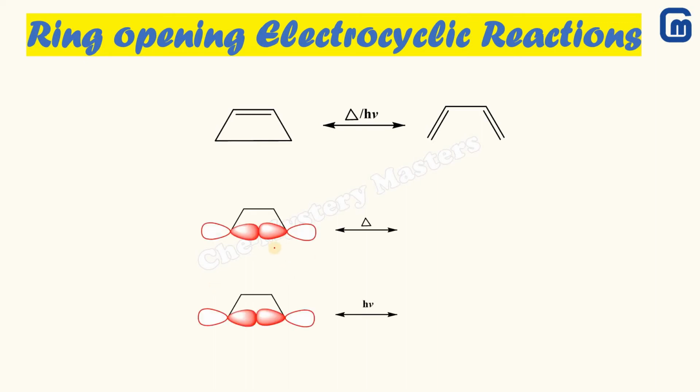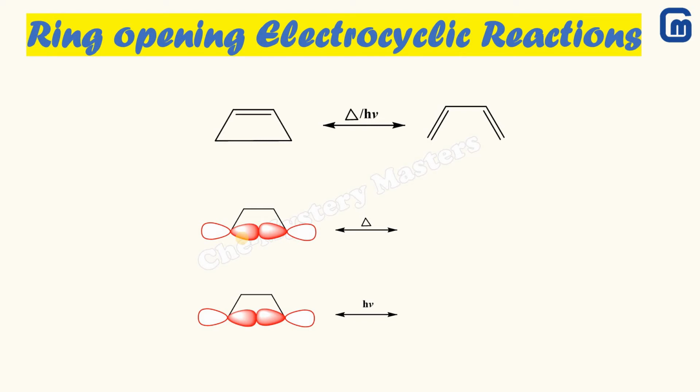In thermal condition, you can see that there is formation of a sigma bond due to the overlapping of these two orbitals. As this sigma bond is present here, now we have to open this bond, or move these two orbitals apart. One very important thing which we have already discussed earlier is that in electrocyclic reactions, the HOMO is of major importance.